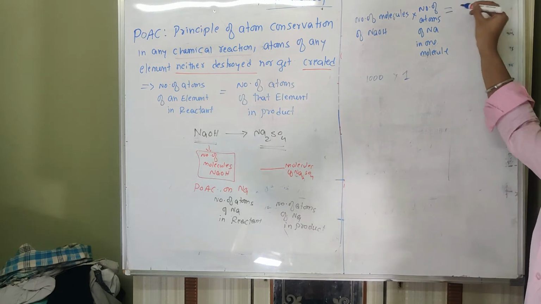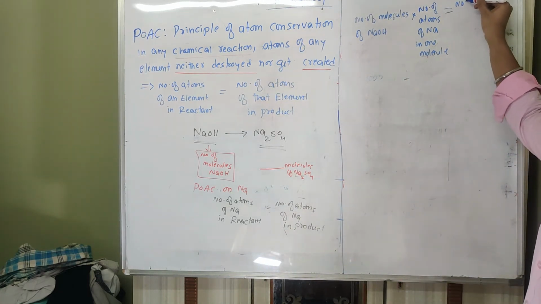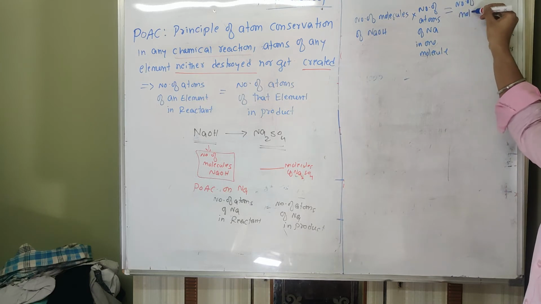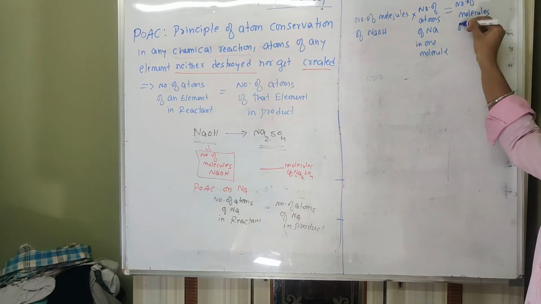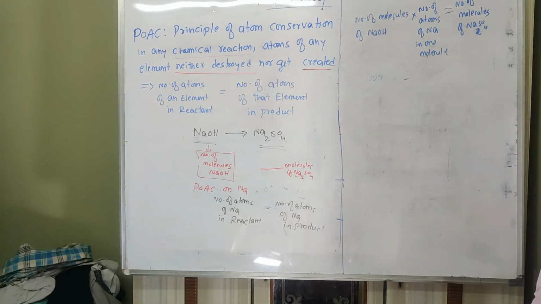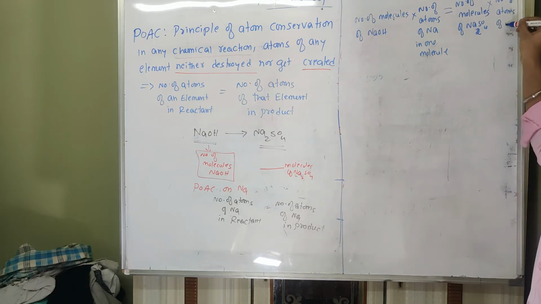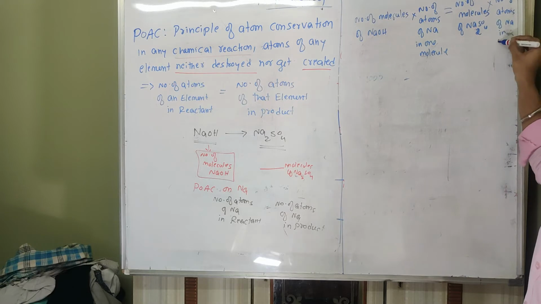Now I equate this with the product: the number of molecules of Na2SO4, or in general the product, multiplied by the number of atoms of sodium in one molecule of Na2SO4.